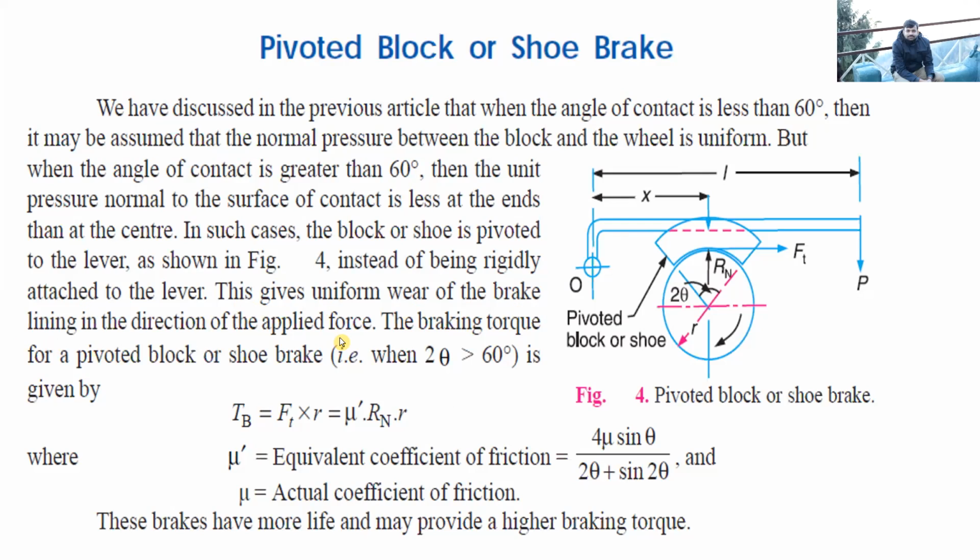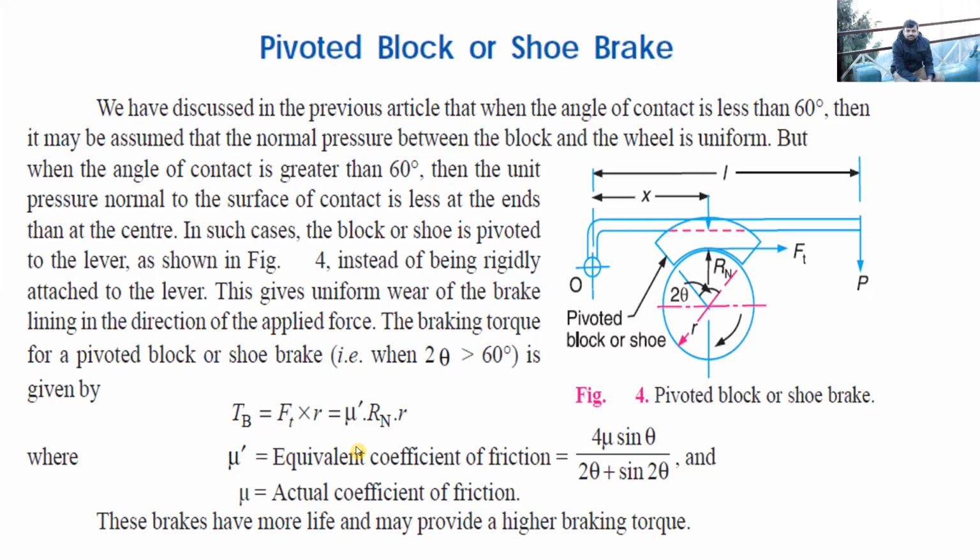In the previous case, when 2 theta was less than 60 degrees, the pressure variation was uniform, and the force was acting normal along the entire surface of the block.